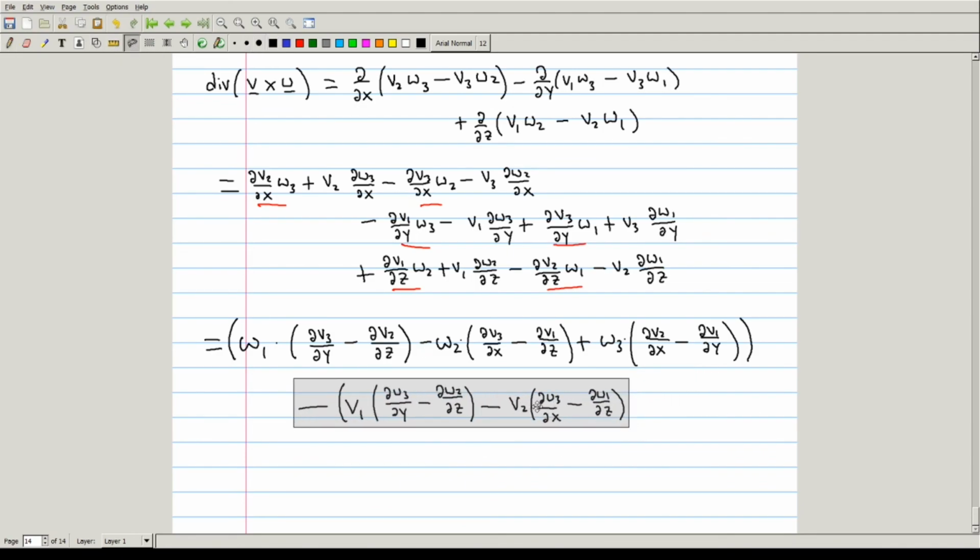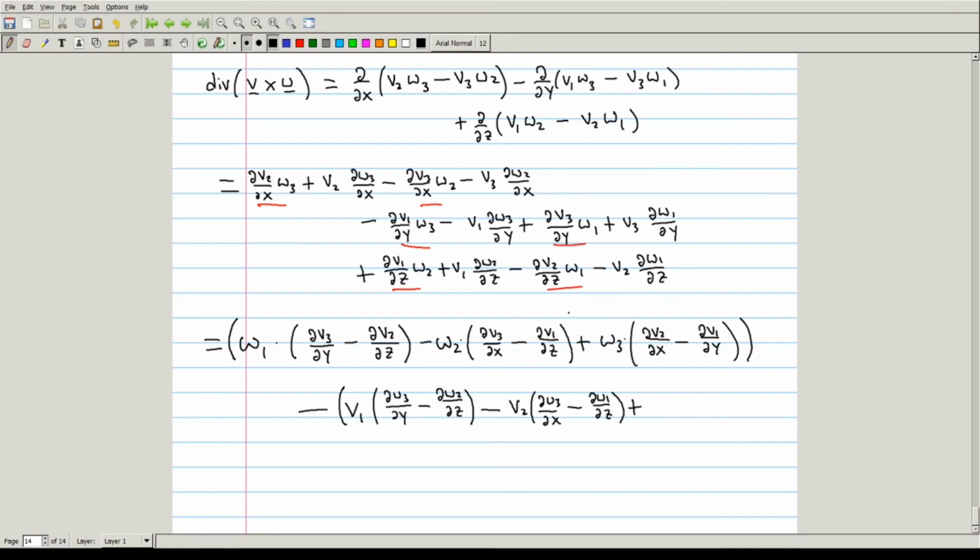And then lastly we'll have plus, there's a negative right here. So we'll pull out the V3 terms, which will be V3 times dW2 dx minus V3 times dW1 dy. And I've written it in this order.